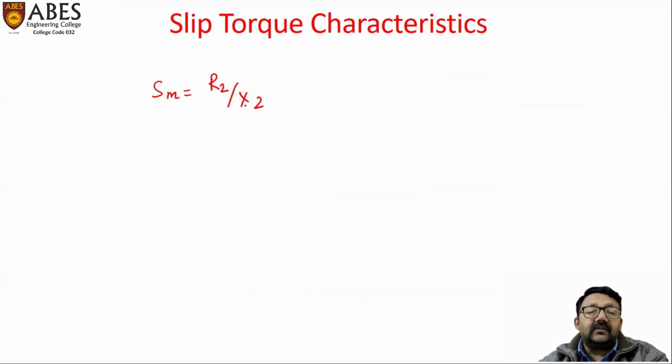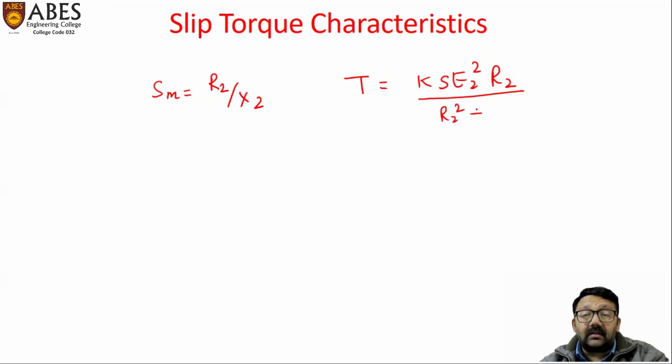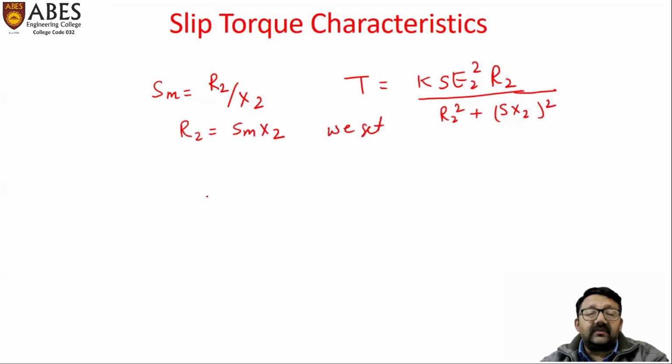If we put this value of slip in the torque expression, K S E2 square R2 divided by R2 square plus (S X2) whole square, that is, put R2 equal to Sm X2, we get the value of maximum torque.